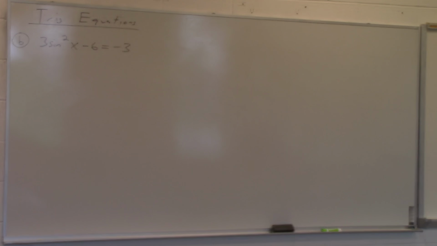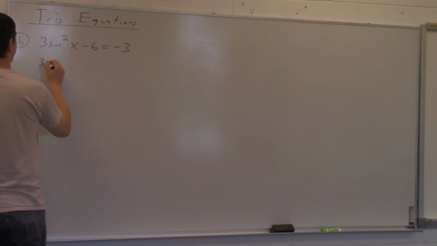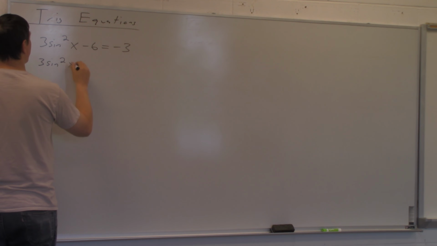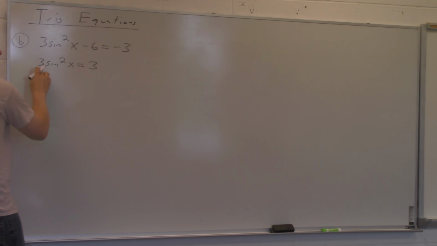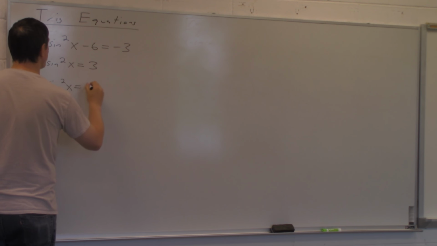Just like in the previous, let's try to get the sine square function by itself and then get the sine function by itself. So obviously add 6. Obviously divide by 3. So I get sine square x equals 1.